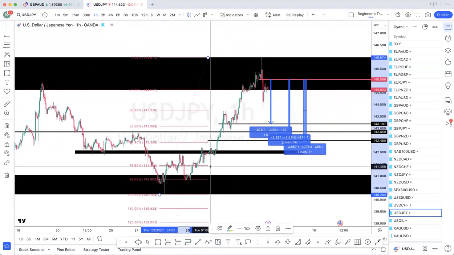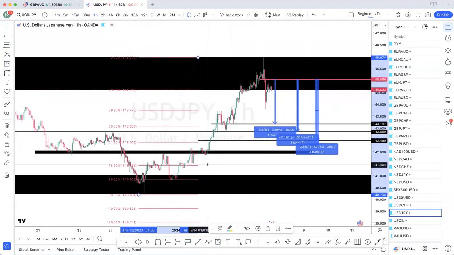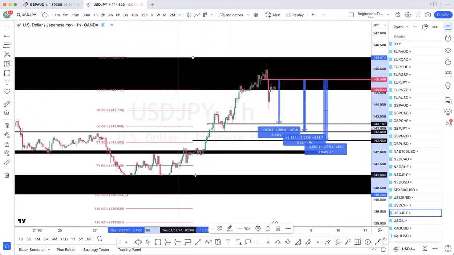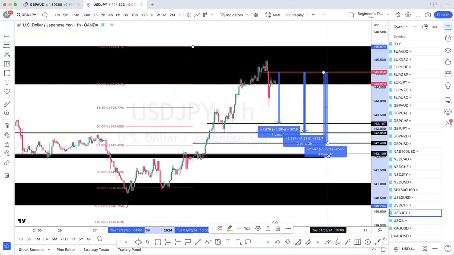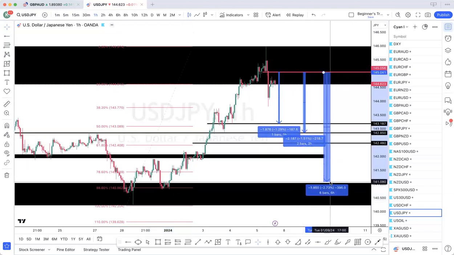So the 78 is here. The 88, if it pulls back to this zone, almost the 88, there is a bullish order block right there. So it could pull back to the 88 before pushing back up, which would be almost a 400 pip move.